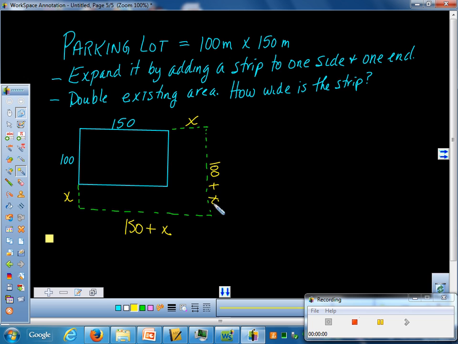You would have to take the 150 times 100, which would be 1 times 15 is 15, with how many zeros? 3 zeros on there, so it'd be 15,000 square meters of area right now. So how much do we want our new parking lot to have? If it's supposed to double, the new lot's got to equal 30,000.